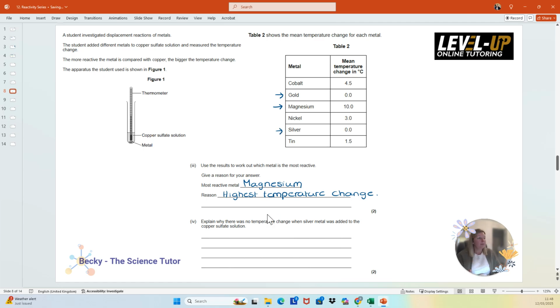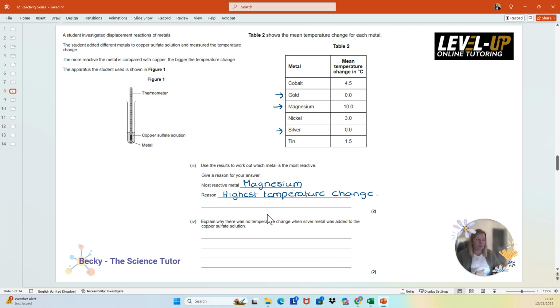We use silver and gold in jewellery because it's unreactive. It's not going to react with the oils on our skin. We're not going to get caught out in the rain and suddenly start fizzing and popping. So we choose metals for their uses, sometimes based on their reactivity.